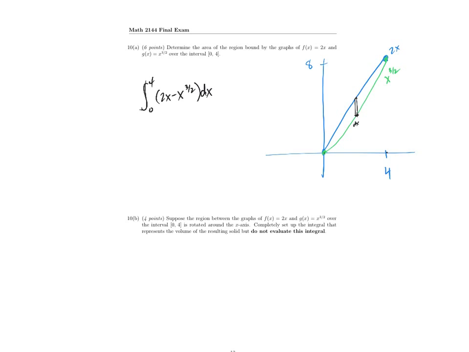Okay, and so now I just need to compute this integral. An antiderivative of 2x is x squared, and an antiderivative of x to the 3/2, I'm going to add 1, so I'll get x to the 5/2 and divide by the new power, so 2/5. Oops, that's a 5th.